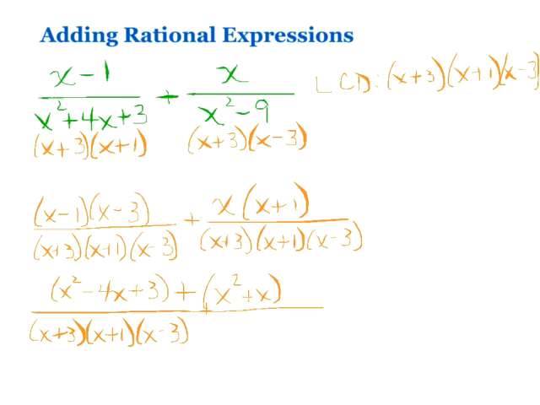Okay, so now when I combine my numerator, I'm going to get a 2x squared minus 3x plus 3, all over x plus 3, x plus 1, x minus 3.